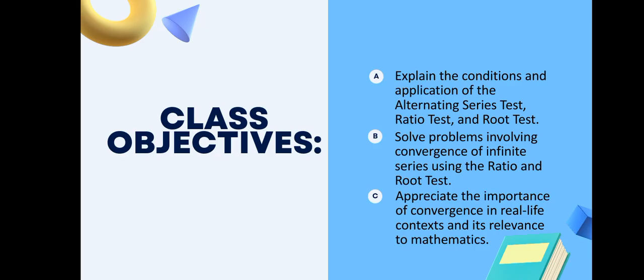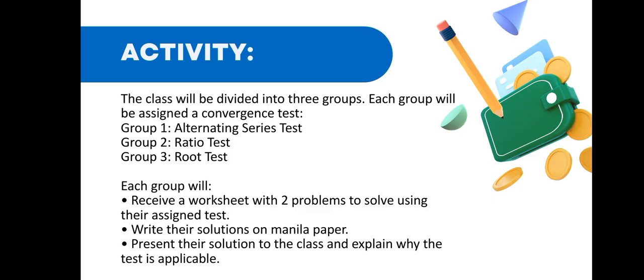Before we proceed to our discussions, let us have first our group activity. You will be divided into 3 groups. Each group will be assigned a convergence test. Group 1 will be the alternating series test, group 2 will be the ratio test, and group 3 will be the root test.